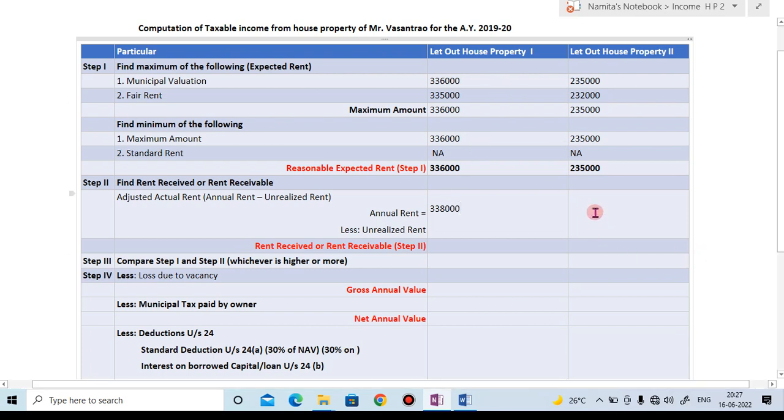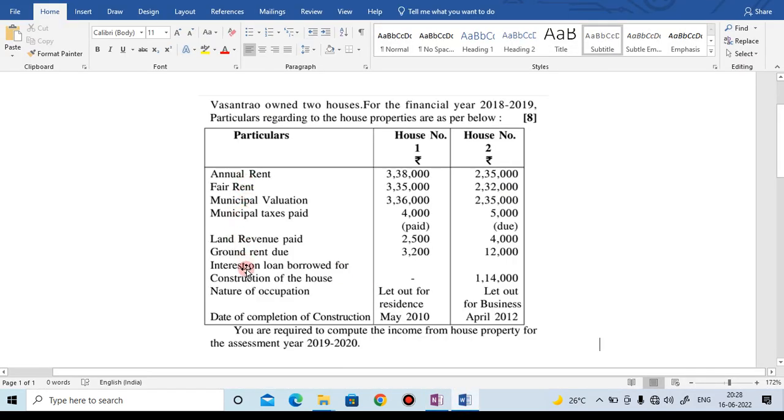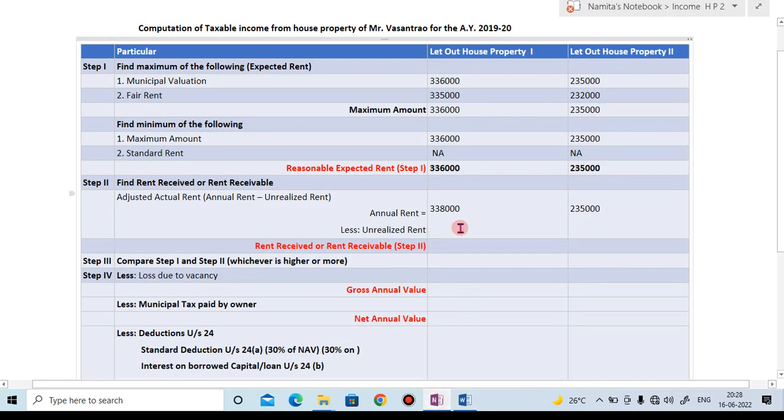Now check whether there is any unrealized rent in the question. Can you see any unrealized rent here? No. Okay, so there is no unrealized rent.